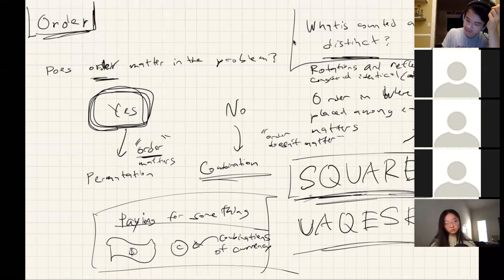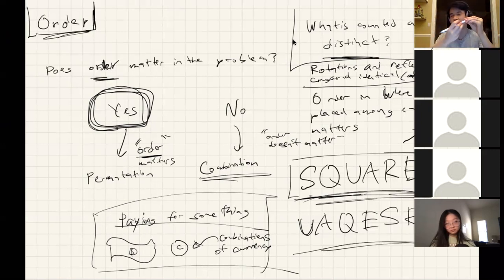I always see people mess up on these problems, where rotations are counted identical, but reflections aren't. These problems are all about thinking deeply about whether you're going to be counting something once, twice, or not at all.